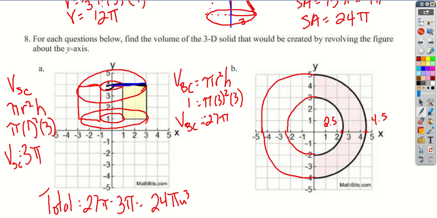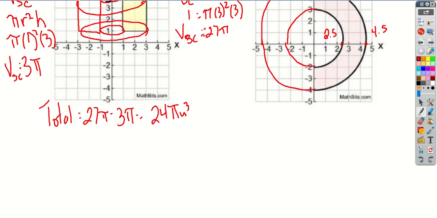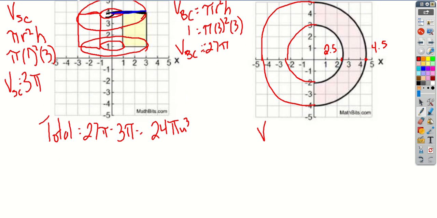So we just want to find the volume of the two spheres, and then subtract. So the volume of the small sphere, let's call it the little sphere, is 4/3 pi r cubed. So 4/3 pi, and this is 2.5 cubed.